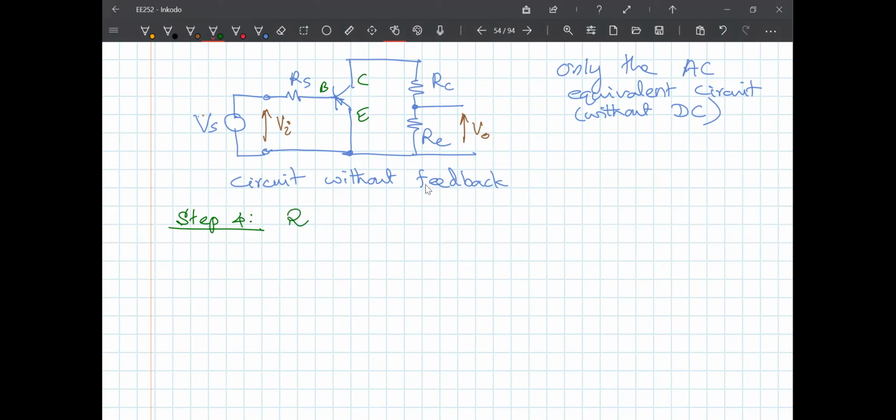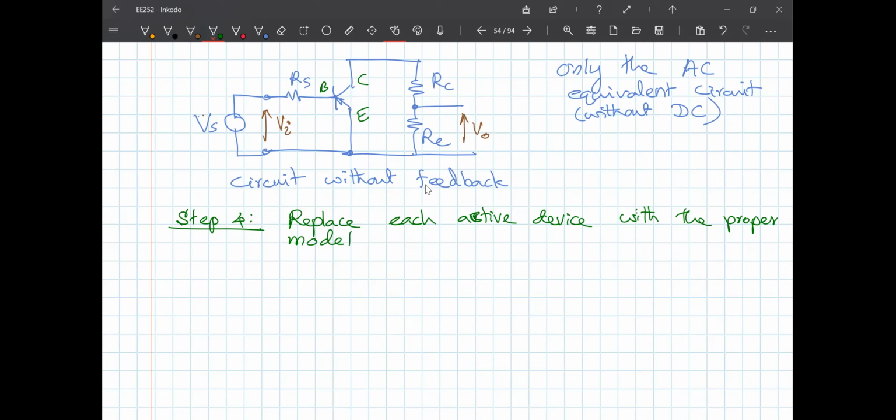Replace each active device, the transistor, with the proper model, because we need to convert this into an active linear 2-port kind of circuit for the transistors rather than a 3-port non-linear device.